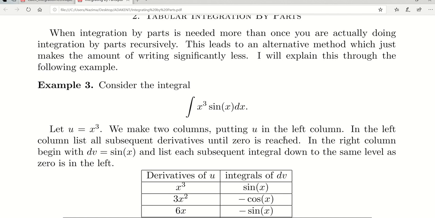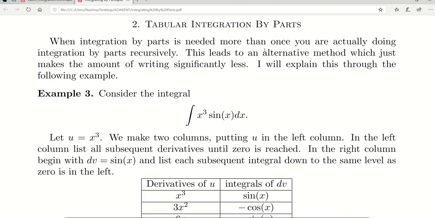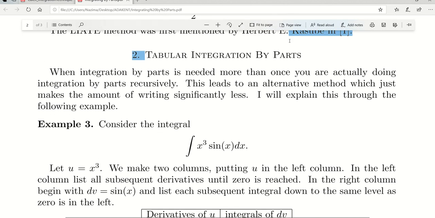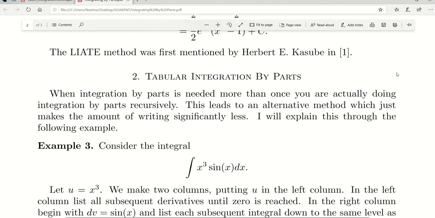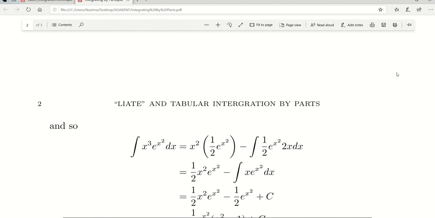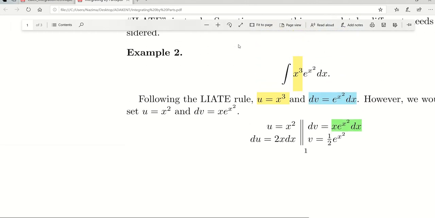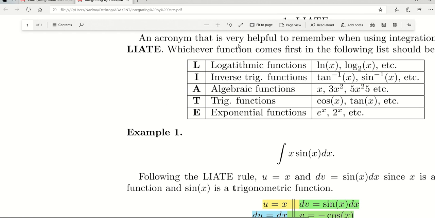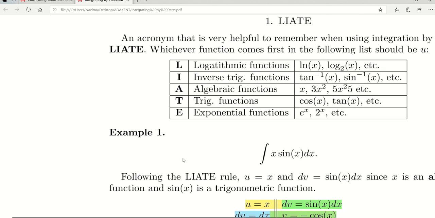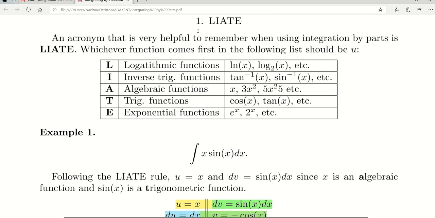Okay, so here, let us see another method. This is called tabular integration by parts. Now, this method above is integration by parts, by choosing u and dv. I am going up to the first page again. Here in this part, you can see that we use it according to LIATE.